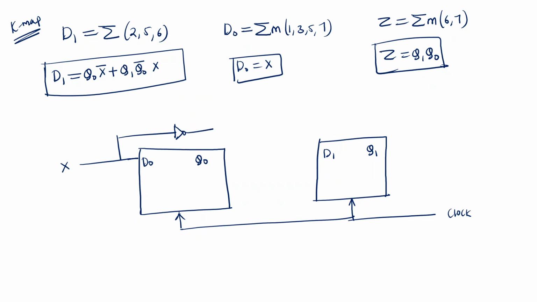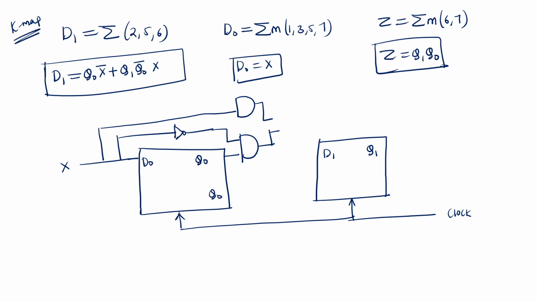X bar and Q naught, it is given through one AND gate and one more AND gate. For this AND gate, X is one input. Q naught bar, you can take from here.